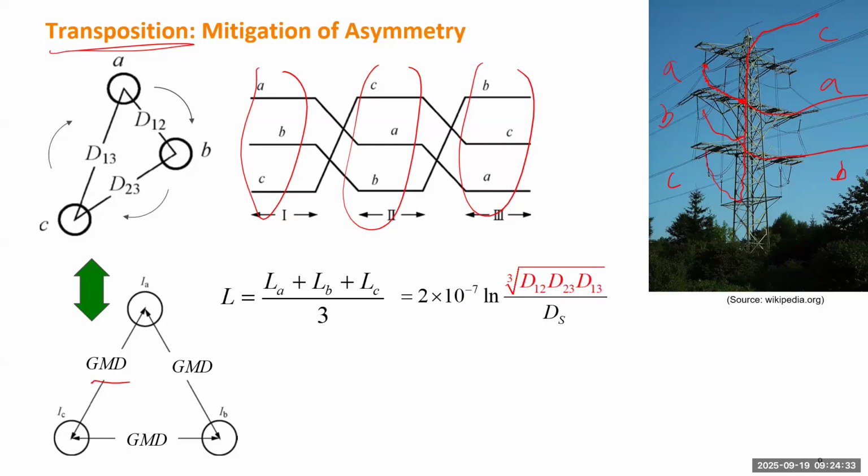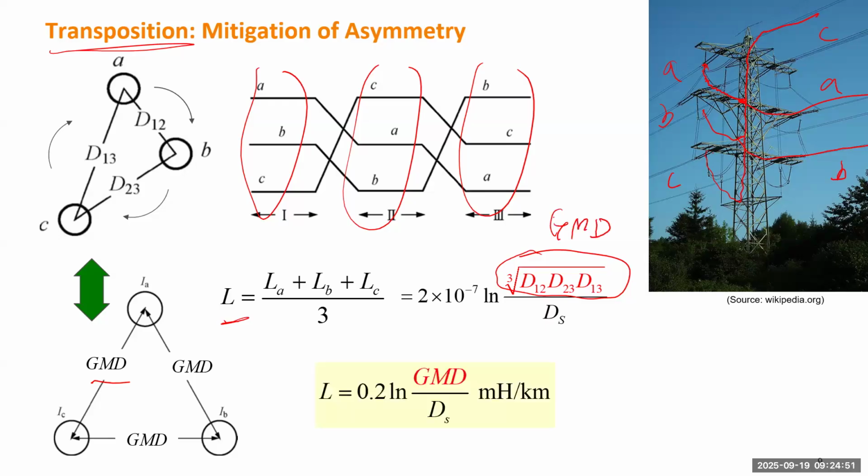So for this case, if you calculate the inductance for each phase, the final inductance for each line will be the average of the three inductances, which is equivalent to just calculating the GMD here. All right, so that will be the formula to calculate the L. We replace the distance between two conductors with the GMD for three conductors, three phases of the line.